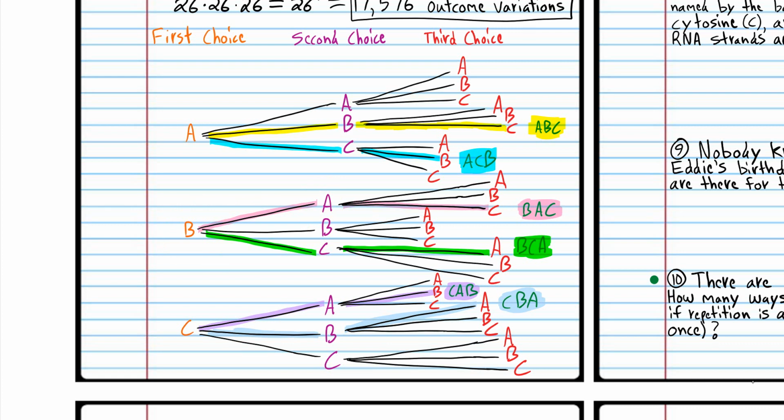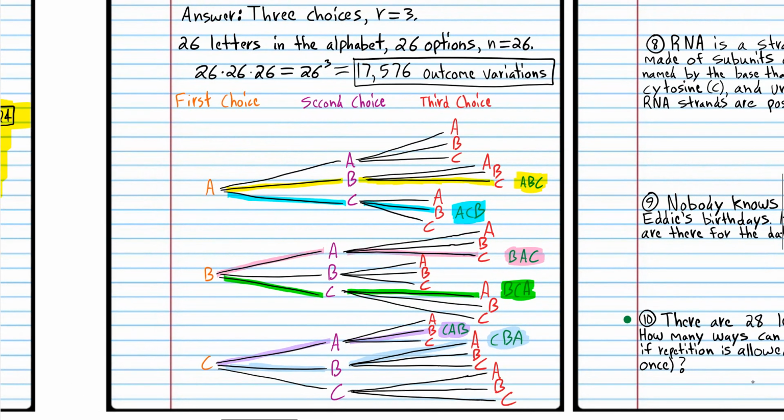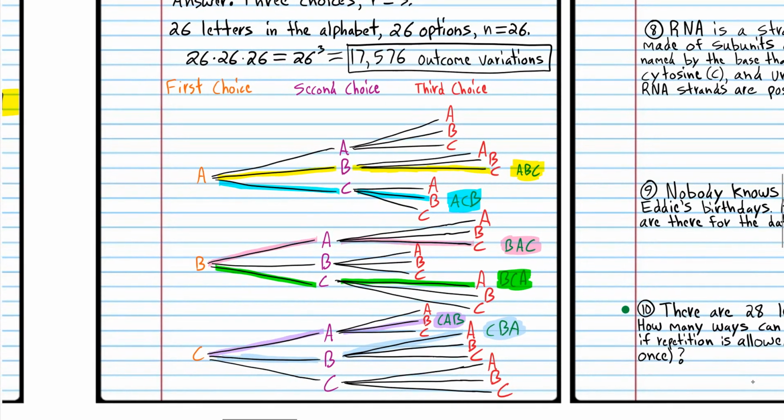So in this case, if you were just using the first 3 letters, you could rearrange them in 6 different ways. So when you look at these 17,576 outcome variations, all of the different orderings of the letters are counted.